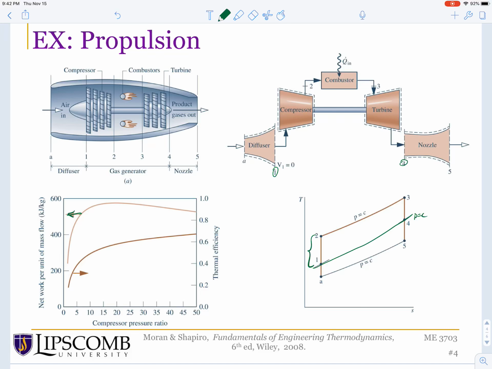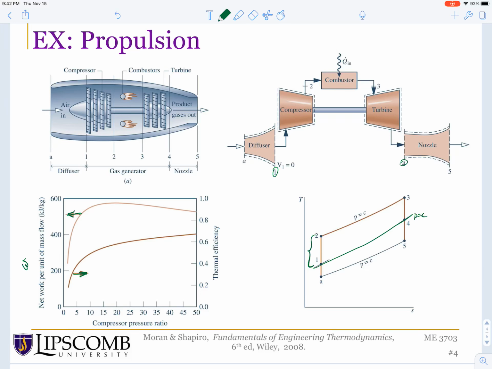In other words, specific work. And then this curve references the axis on the right, the thermal efficiency of the cycle. And we have some competing things. If I wanted to make this cycle more efficient, I would increase the compressor ratio as high as I could get. But the interesting thing happens for a jet engine.